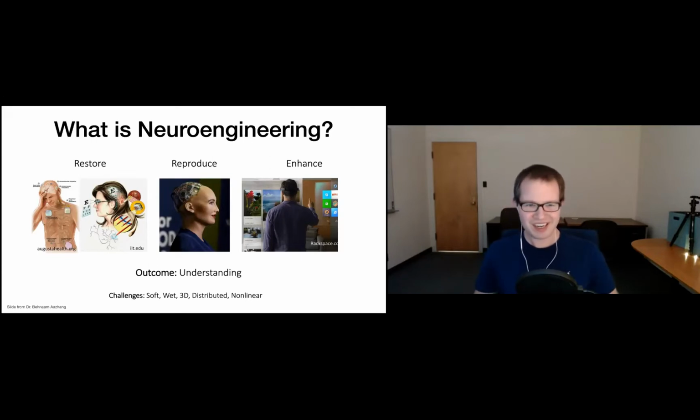There's also reproducing different things, say in AI and robots. And there's also enhancement. You could think of the Minority Report type thing. I think we especially focus on the first and the third areas at Rice. And so really one of the products of this is that you better understand the brain by trying to do all of these things.